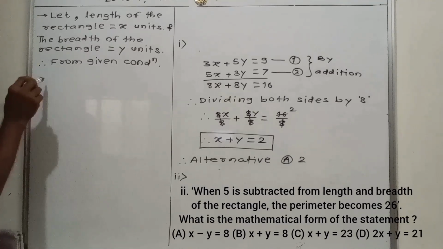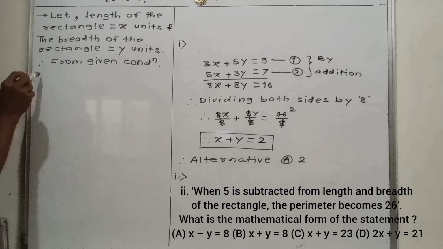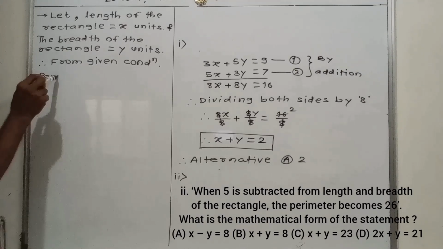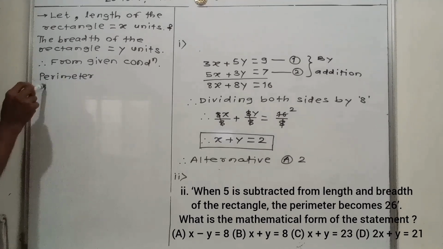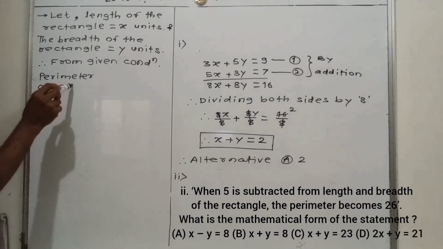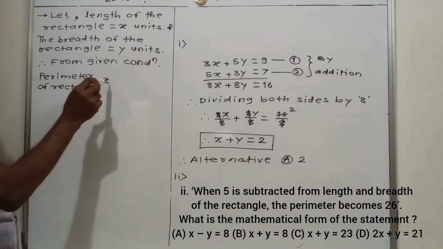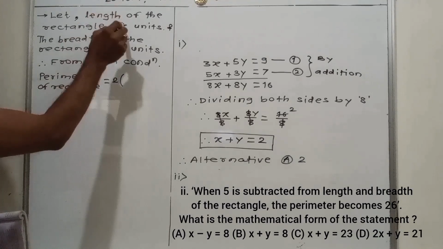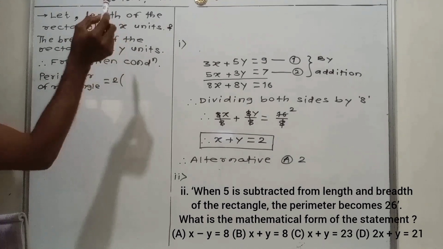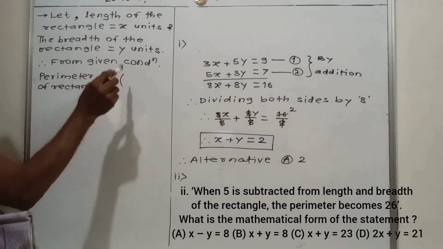Perimeter of rectangle is equal to 2 in bracket length plus breadth.